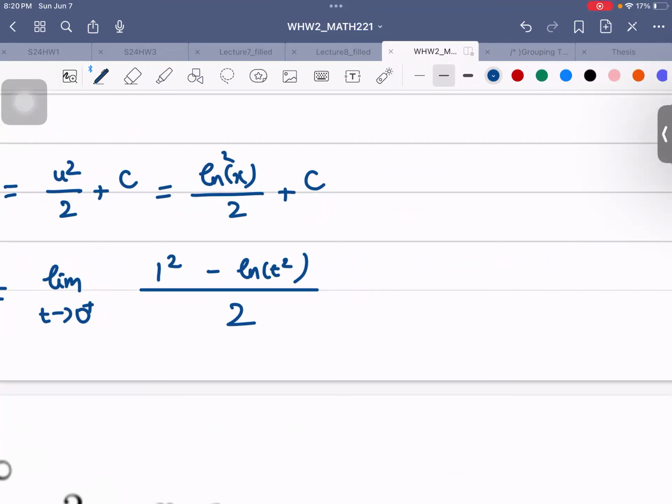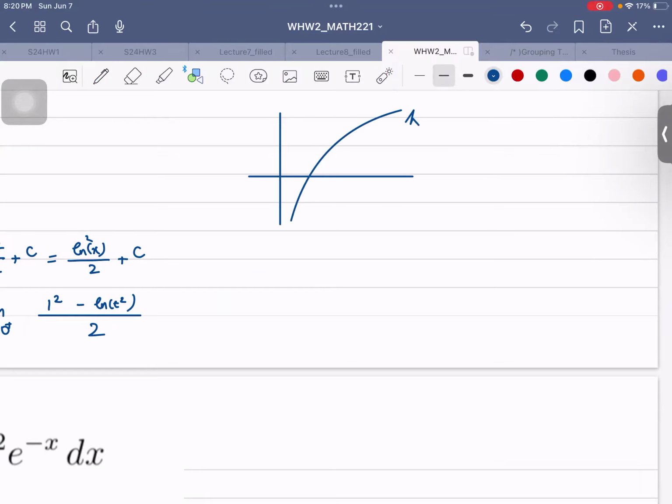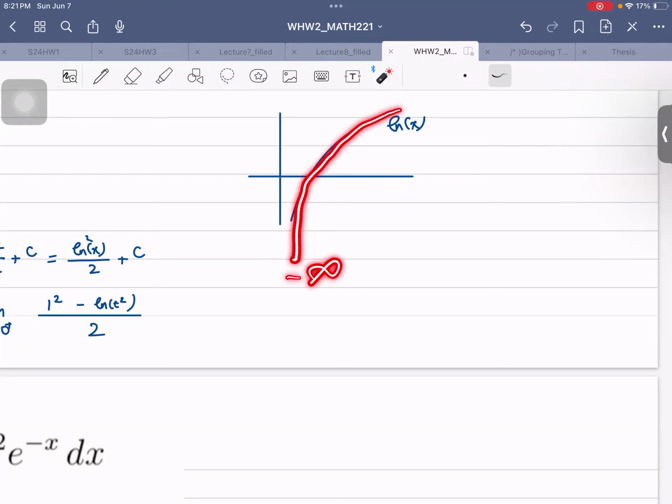And the point is, when you let t tend to 0, the ln function will go to negative infinity. Remember that this is the graph of the function ln of x. When the input tends to 0, your function goes down to negative infinity.